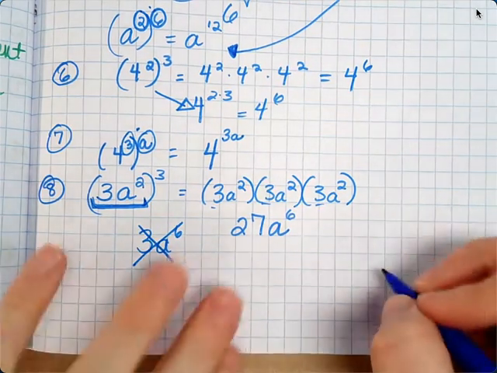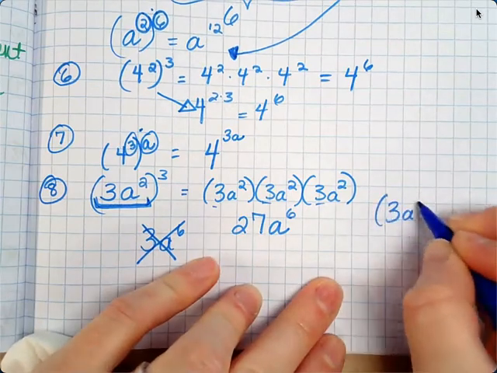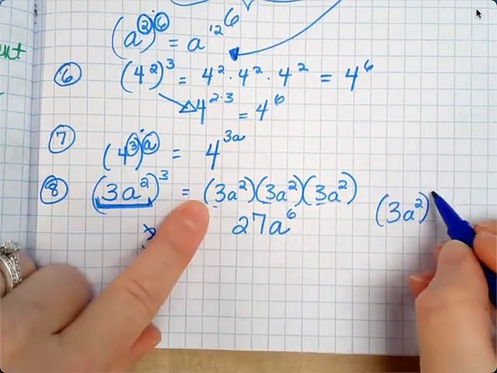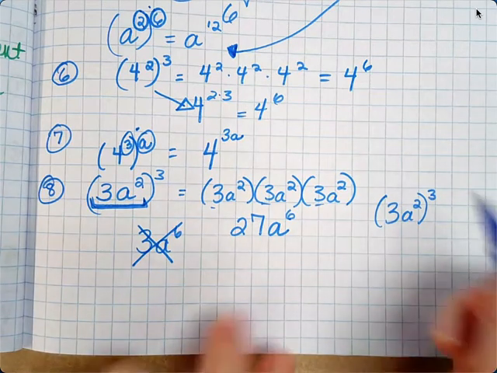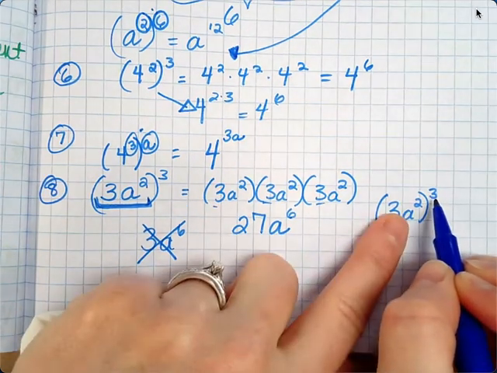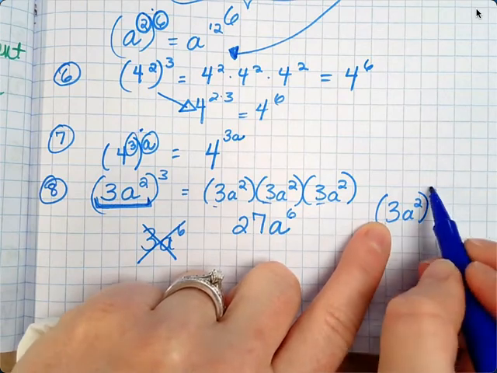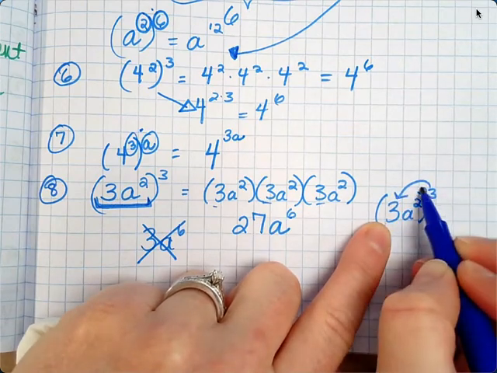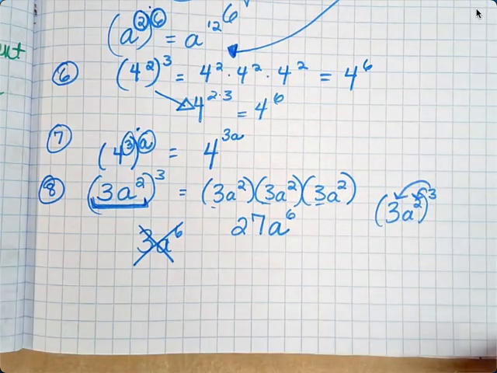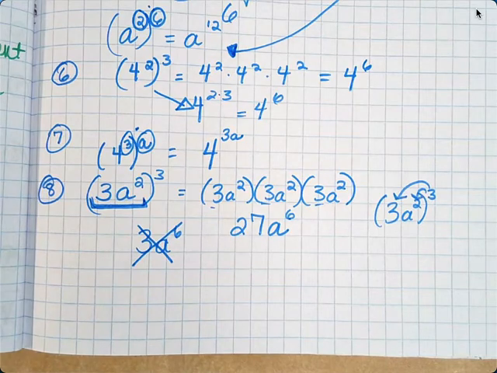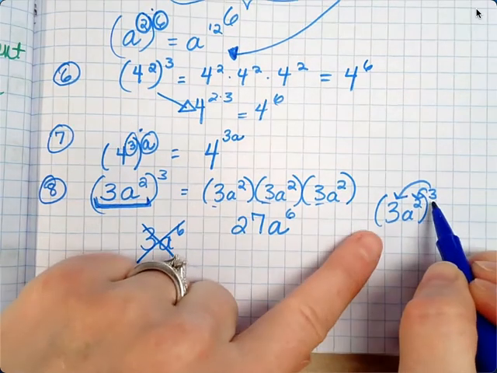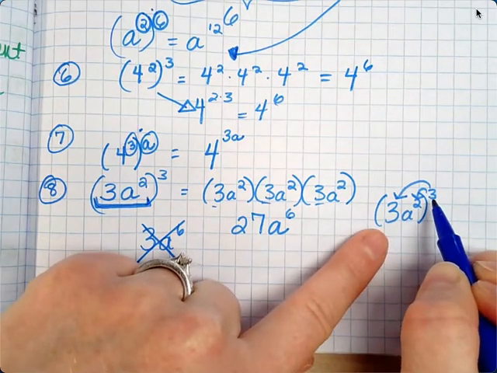So what should have happened is, we don't have to expand it out. That's just helpful to see how it works. But what you would do if there's an exponent on the outside of a term, you take that exponent to everything inside. It's kind of like the distribution rule, right? We use that with parentheses and numbers on the outside, and we distribute the multiplication. Well, it's like we're distributing the exponent here.